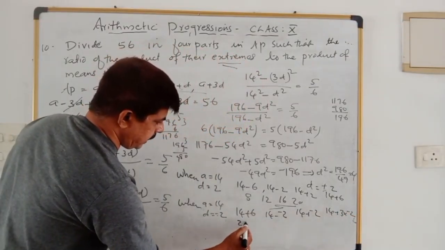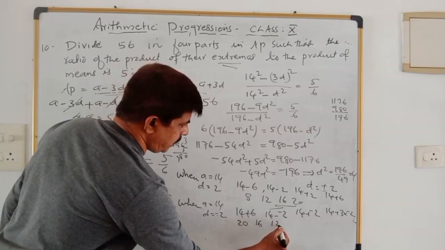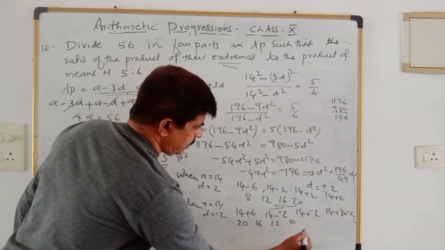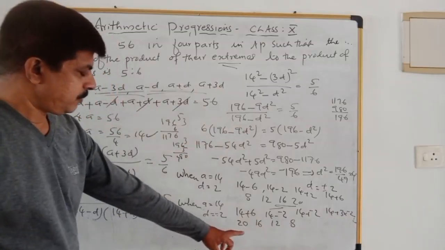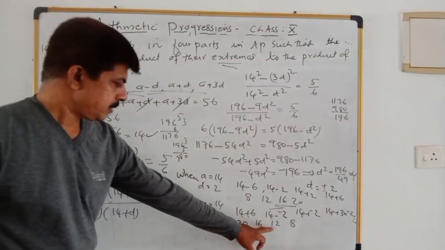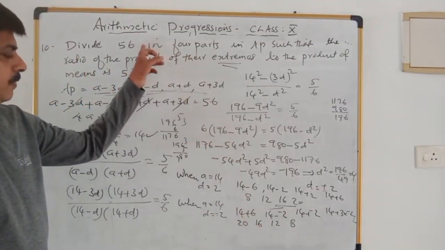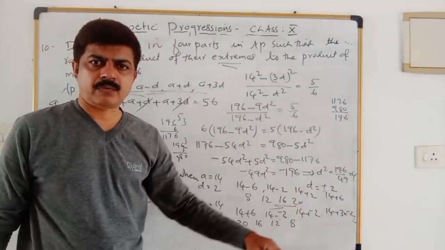That time 20, 16, 12, 8. Okay, we know this sum must come. This sum will be 56. So we have formed two sets of AP.